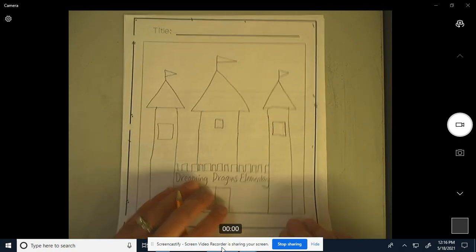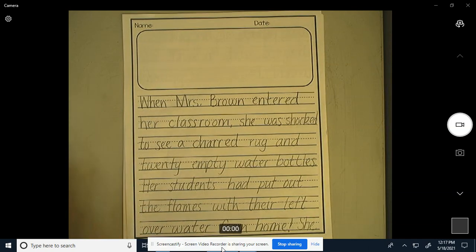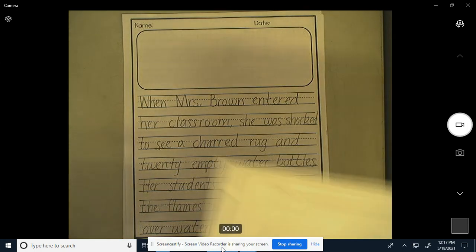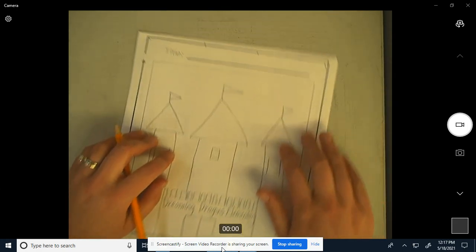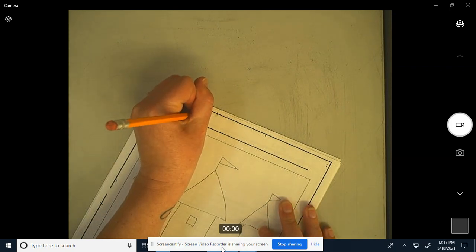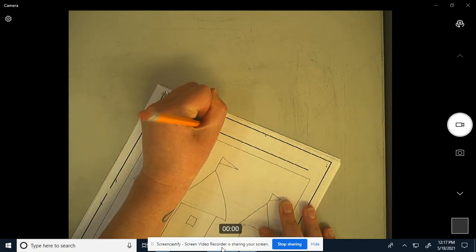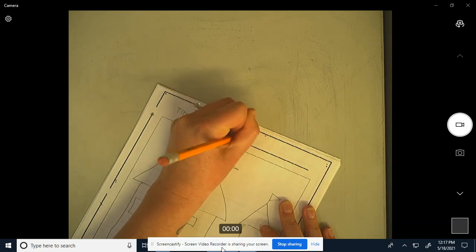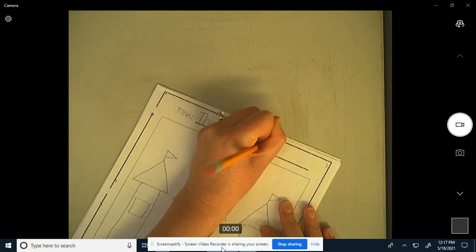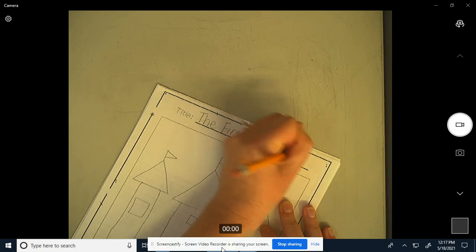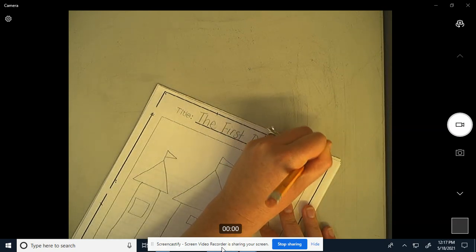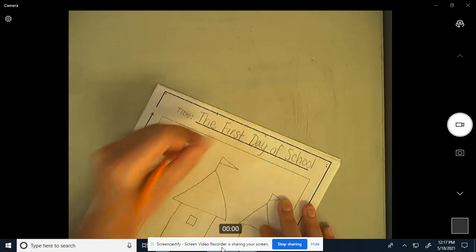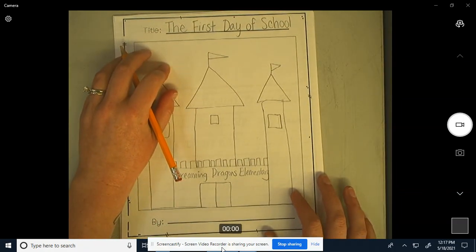And I think my title, so whenever I look at my first page, I talk about Mrs. Brown and the first day of school. So I'm going to title it The First Day of School. You can title yours something that has to do with your story.